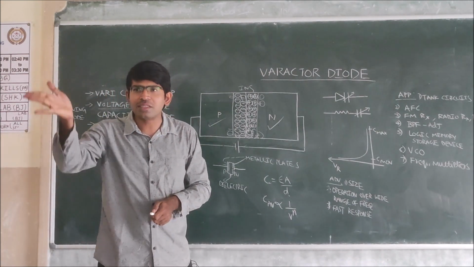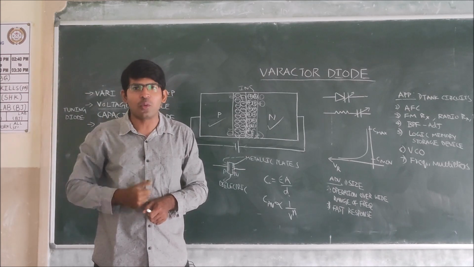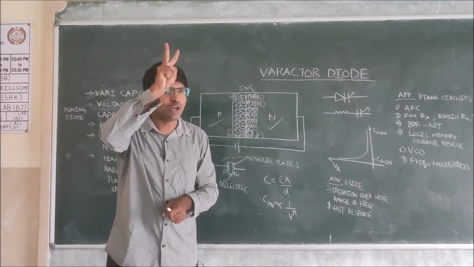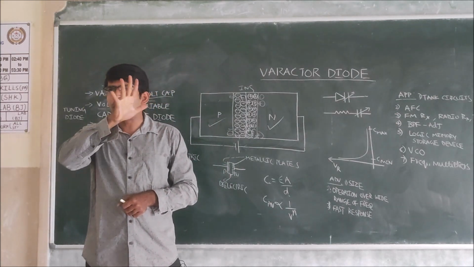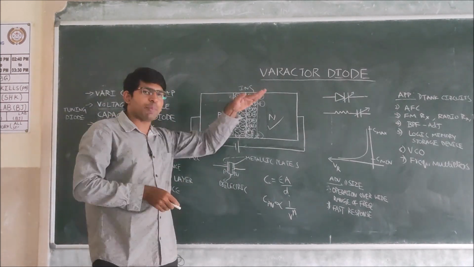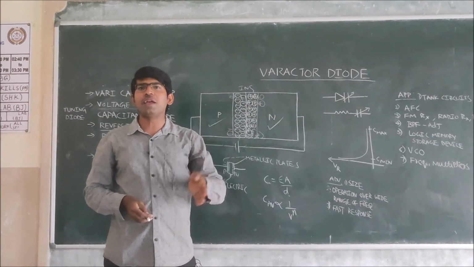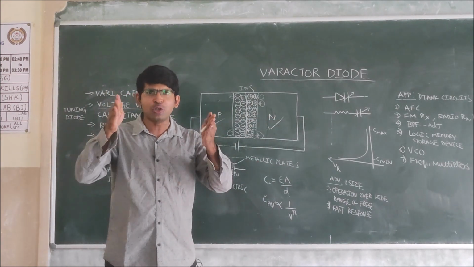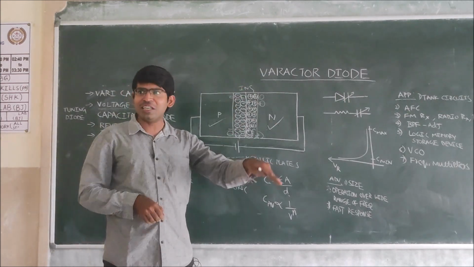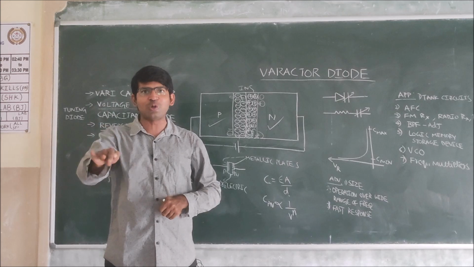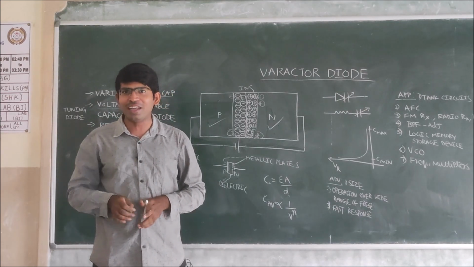So the capacitance can be formed now, because we require only two metallic plates and a dielectric material to form a capacitance. The P-type and N-type semiconductors are ready to act like metallic plates, and the depletion region is ready to act like a dielectric material.